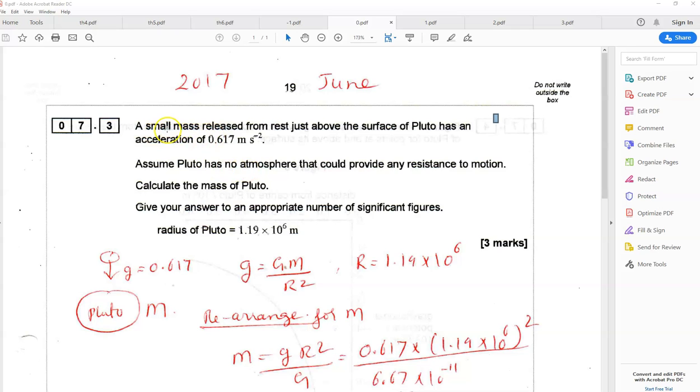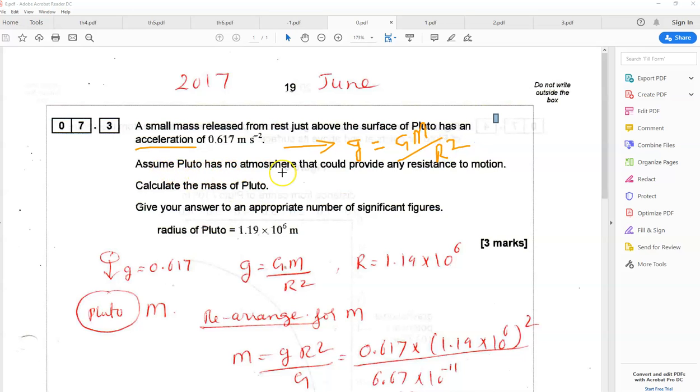Here it says a small mass released from rest just above the surface of Pluto has an acceleration of 0.617. Now if you come across acceleration in a gravitational field problem, this is nothing but the value of g, which is also the same as the value you would get by applying the formula Gm by r square.